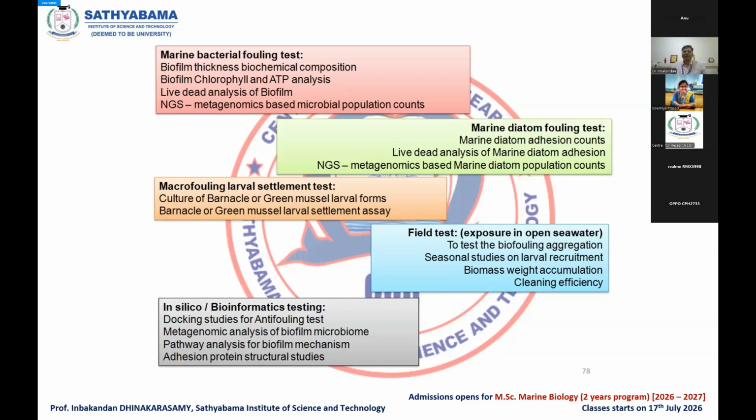We can completely help in testing the biofouling aggregation on any kind of testing surface, seasonal studies as well as larval recruitment, and we are also helping to know what kind of biomass is accumulating on the surface and what is the weight increment on the surface. And we are also helping people in testing the cleaning efficiency.